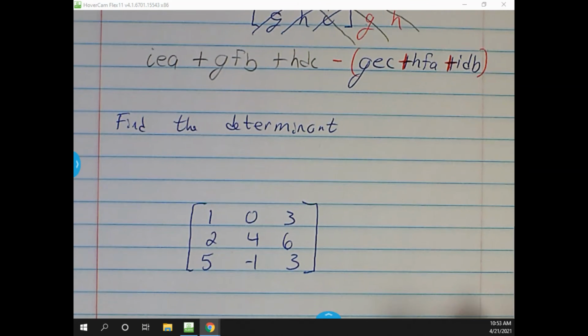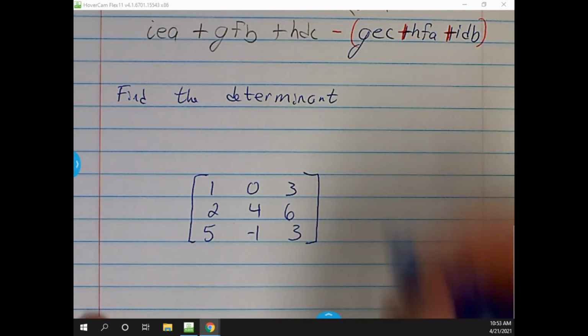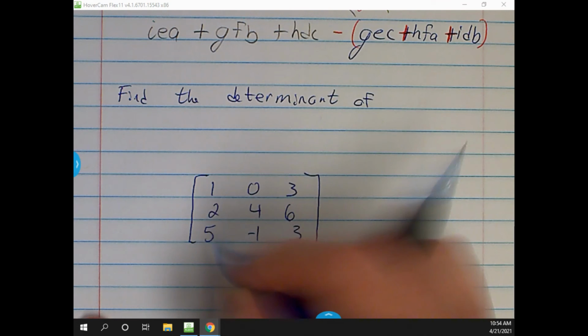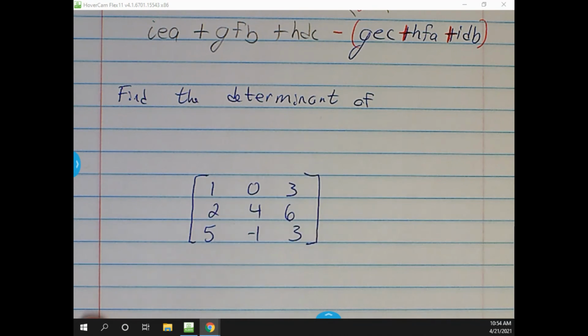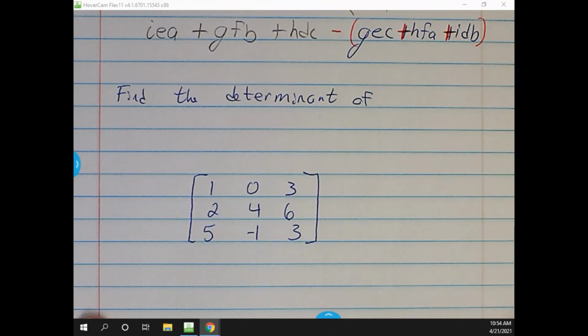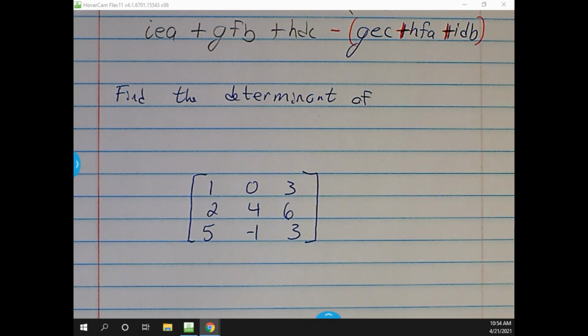Okay, so we're going to find the determinant of this matrix. I'm leaving a lot of room so we can do it all here and not have to rewrite it one more time.